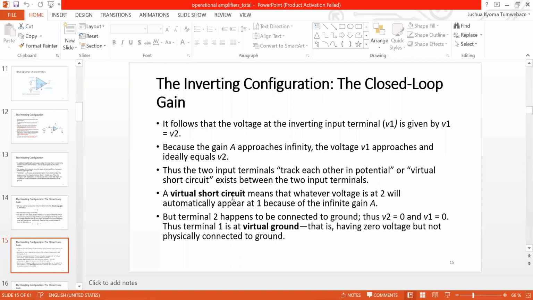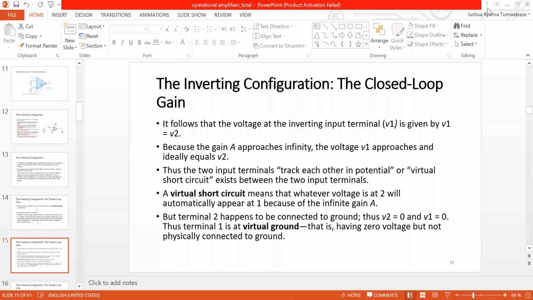Coming from the characteristics, we have seen that the voltage V1 is equal to V2, okay?